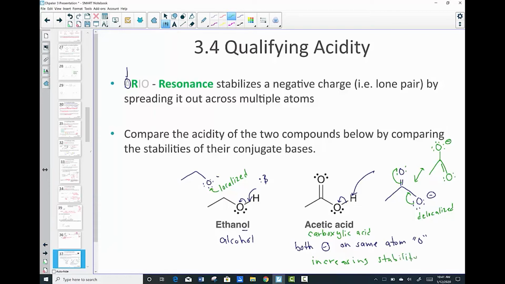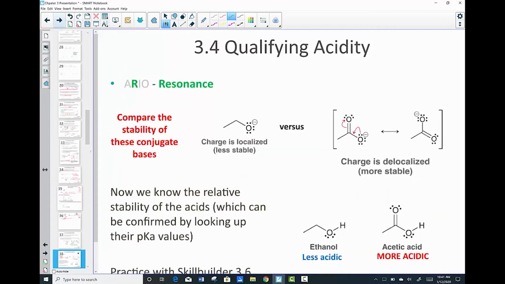So which one is more acidic? Well, this guy right here, because his lone pair of electrons will be resonance stabilized. And you can see the structure that we drew for resonance structure, we called the oxide anion from the alcohol, having very localized electrons.